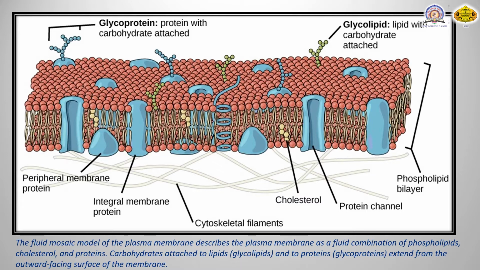This is not a simple type of diffusion. It requires a carrier to diffuse the molecules. So for that, the bacterial cell uses a protein channel. So this is the plasma membrane structure, which comprises all the things in the diagram.